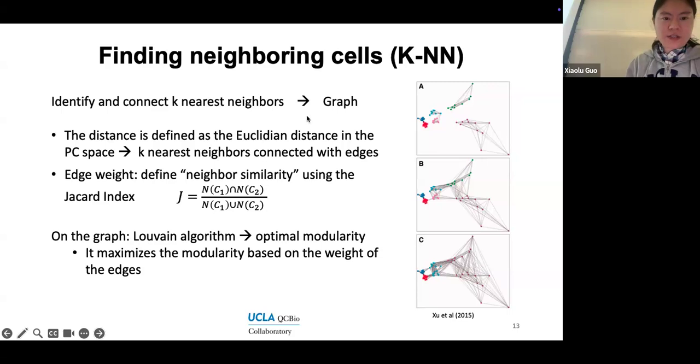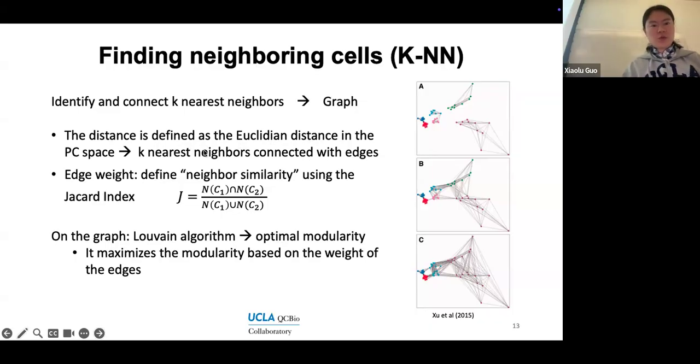We calculate the Euclidean distance, basically the coordinate or gene expression profile differences between each single cell. Then for each single cell, we can order all the distances between this cell and other cells, and the closest k cells will be defined as neighbors.